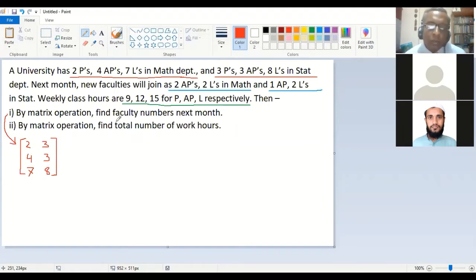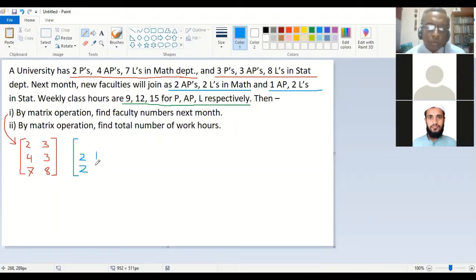Now we have another matrix, and that will be the number of persons who will join. Who will join here? 2 assistant professors and 2 lecturers in the math department, and 1 assistant professor and 2 lecturers in the stat department. So you see there is no professor joining.